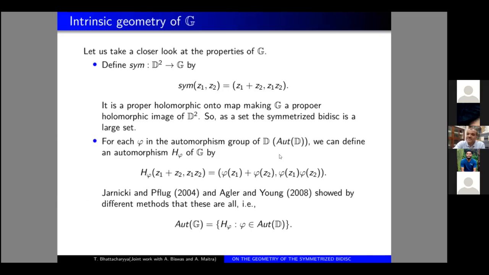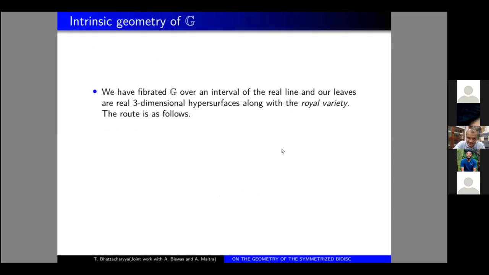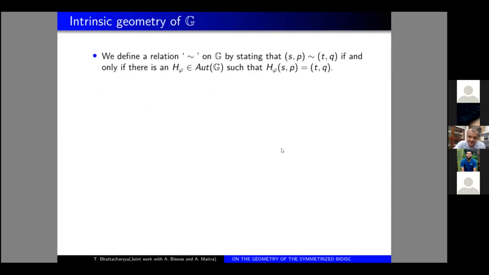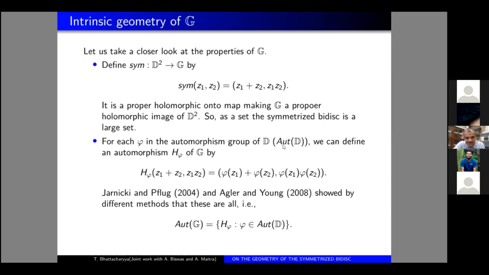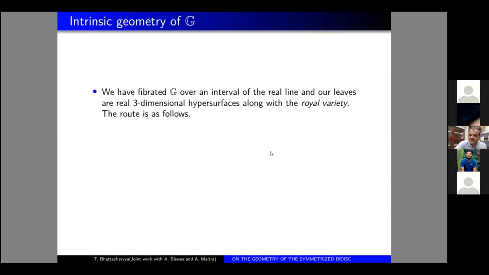Fine. So all that Ananda and I were trying at the beginning is this: the automorphism group clearly doesn't act transitively, unlike on the disk. So find out the orbits. You are just interested in finding out the orbits. So apply the automorphism group and find out its orbits. It turns out that if you do that, then you get a fibration of G over an interval of the real line.